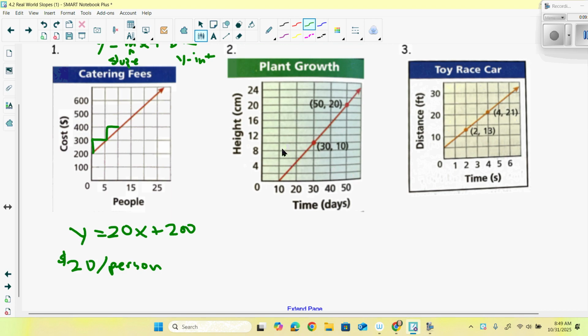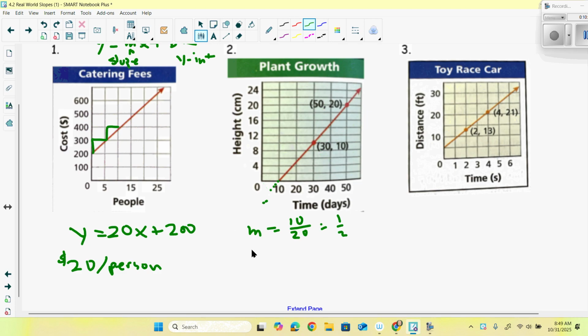I'm going to do the same thing here, but the actual question will just be the slope. So the plant growth, kind of tough to tell what's happening down here, okay? But I've got these 2 points. I'm going to do 20 minus 10, so my m is 20 minus 10, divided by 50 minus 30, and that reduces to 1/2.